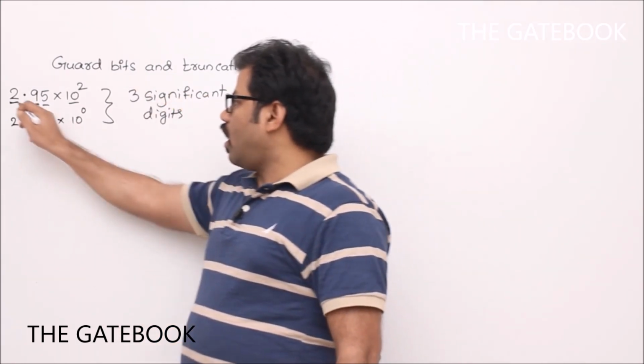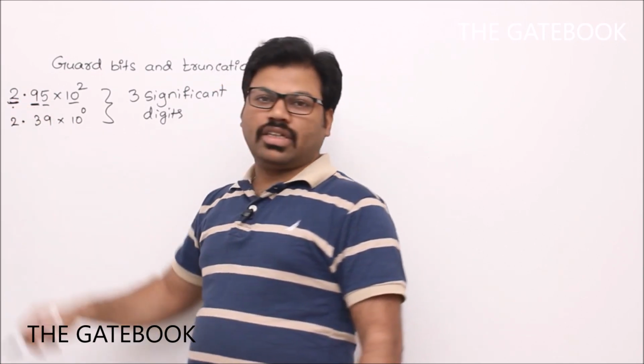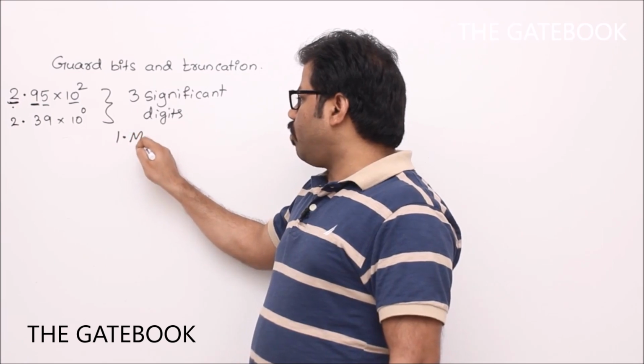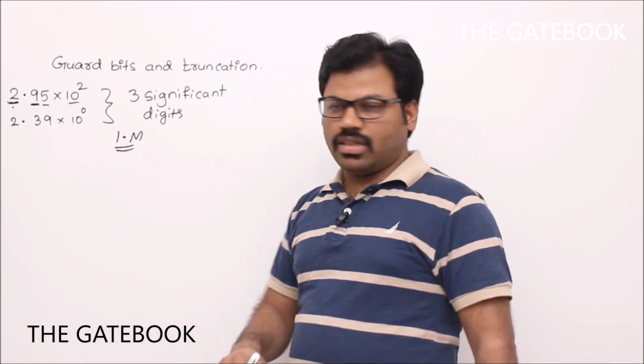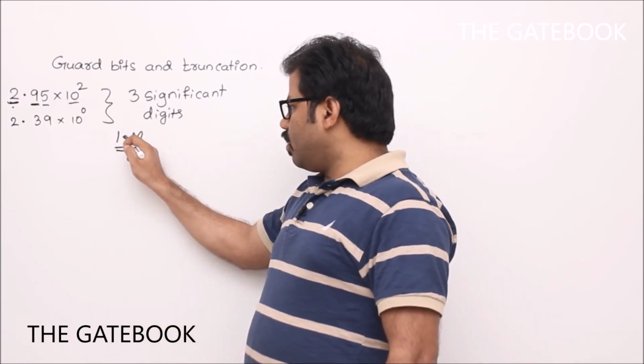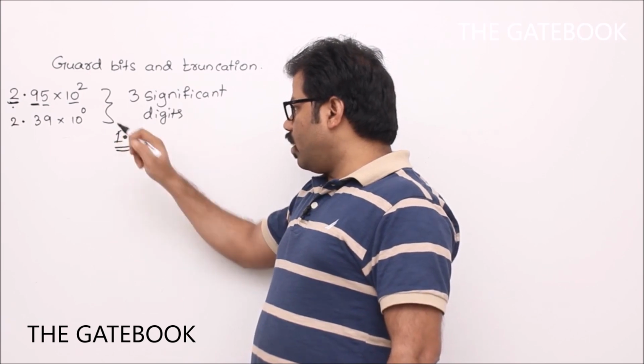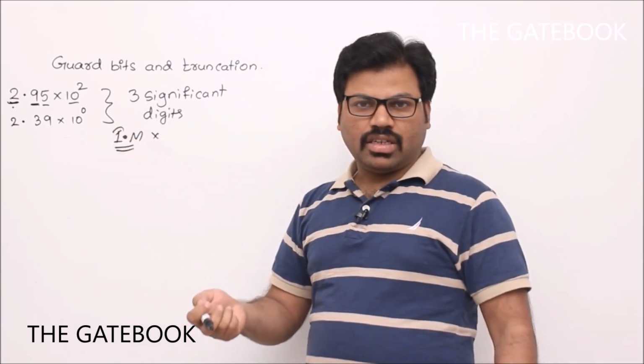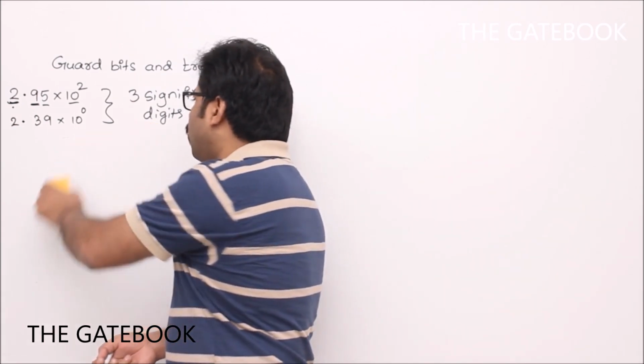Now assume we have 3 significant digits. One more thing, I am not allowing 0 in this first position. Why? Exactly like why we used the 1.m representation. When the first digit is non-zero, your numbers automatically become normalized, and every number will have a unique representation.